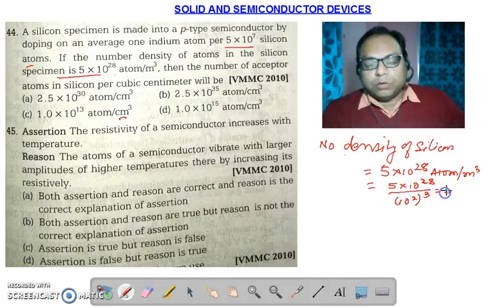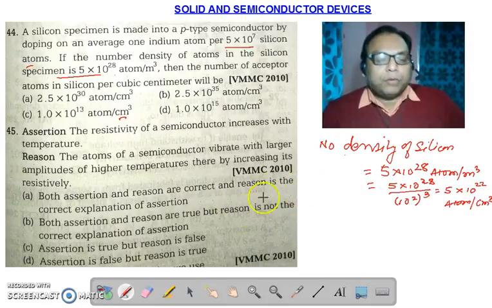By solving this, we will get 5 into 10 to the power 28 minus 5, it would be 22. That is the atoms per centimeter cube.